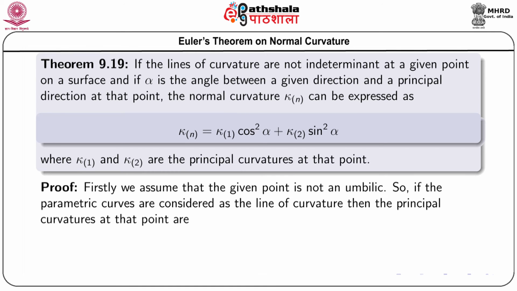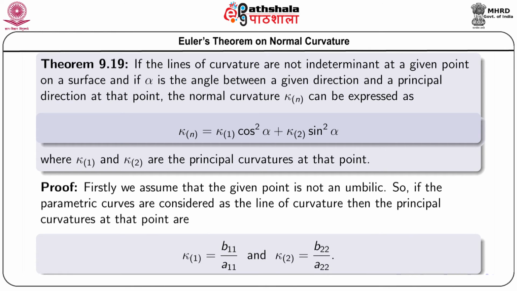Firstly, we assume that the given point is not an umbilic point. If the parametric curves are considered as the lines of curvature, then the principal curvatures at that point are kappa 1 equals B11 by A11 and kappa 2 equals B22 by A22.